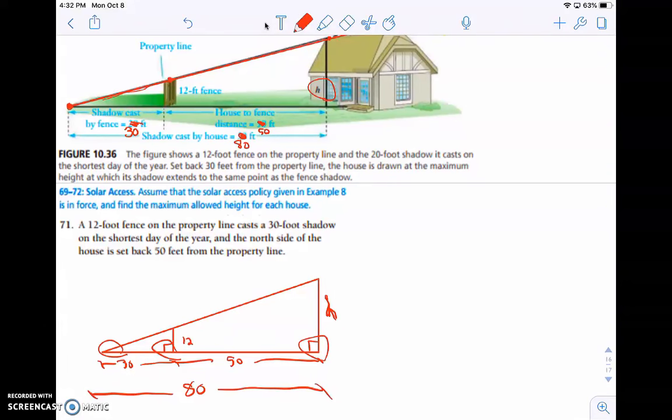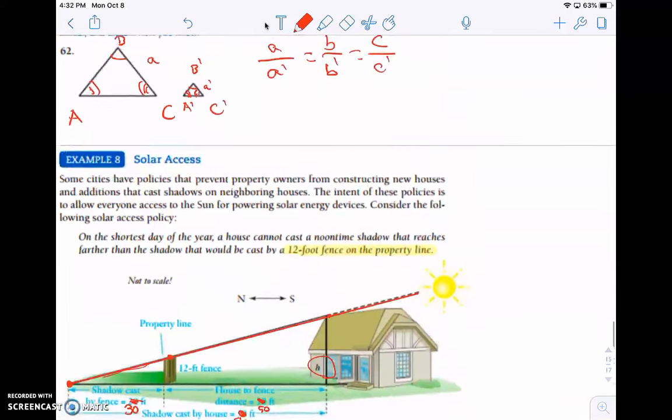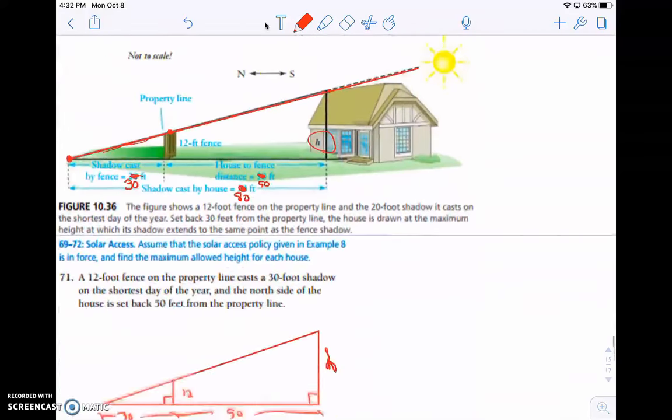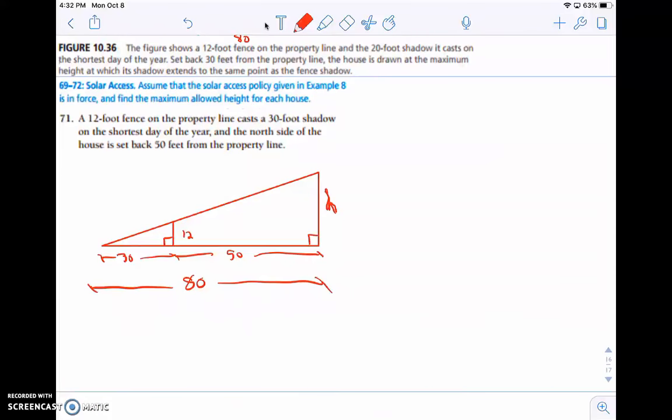So then, if we use this information right here, we can say that the ratio h over 12, where h is going in the vertical direction, is going to be congruent to, and then we use the longest side, so this is 30 plus 50, so that's 80 over, and in the smaller triangle we have 30.